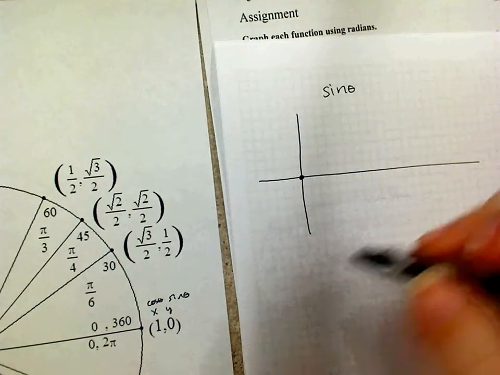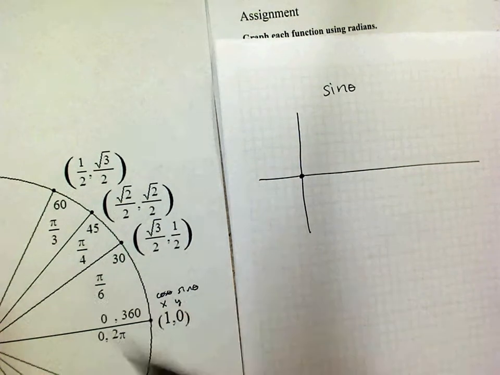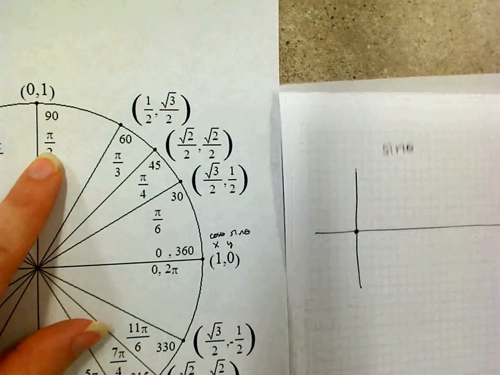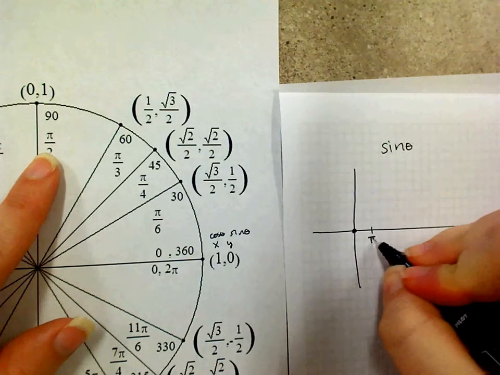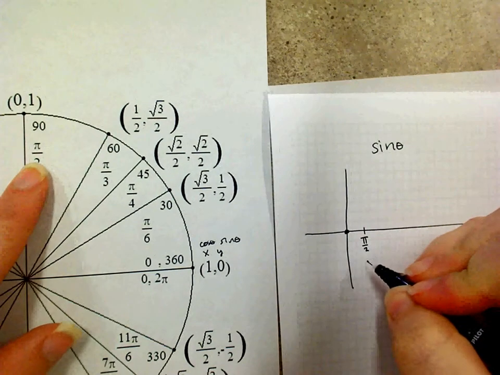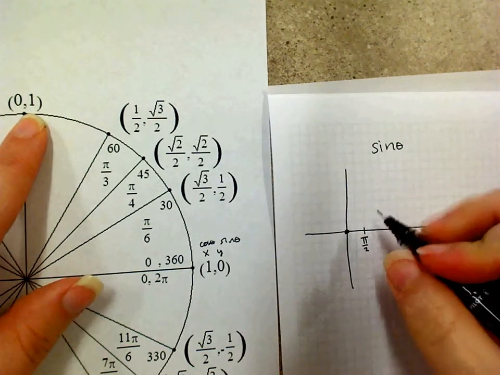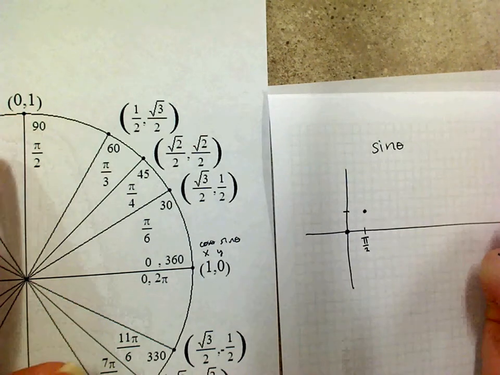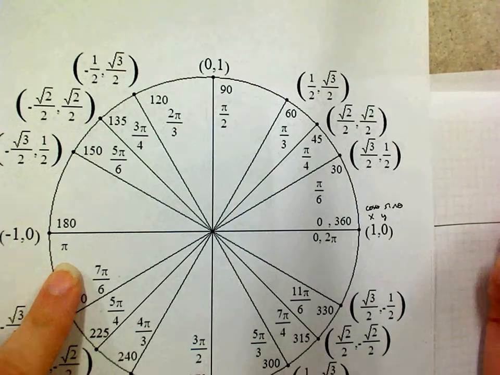Okay, well then I'm going to skip to the middle. I know that at pi over 2, sine is 1. So I'm going to let this be 1 and plot my point. I'm going to skip to this one, and I know that at pi, sine is back to 0.